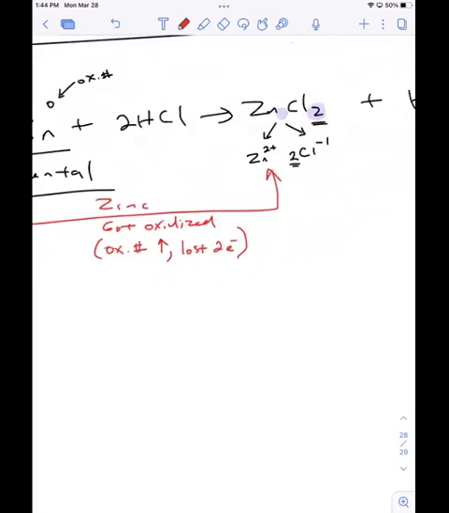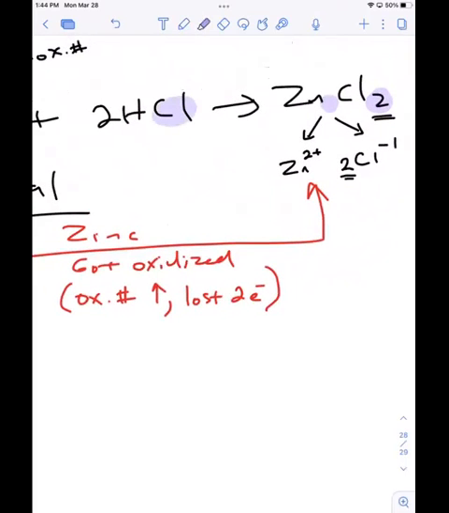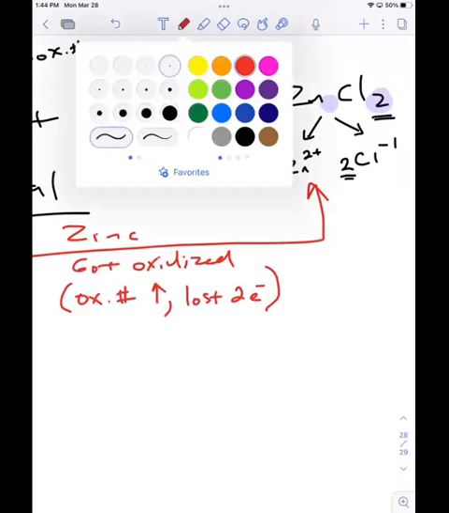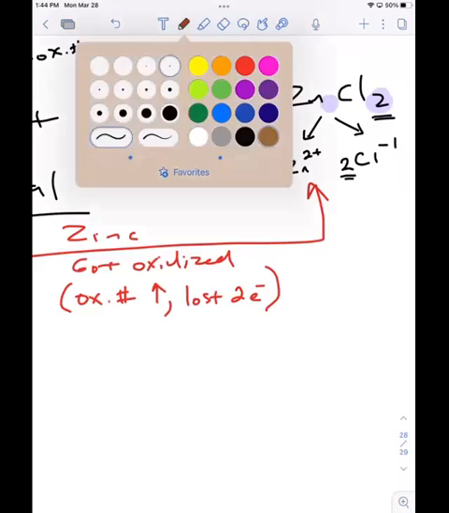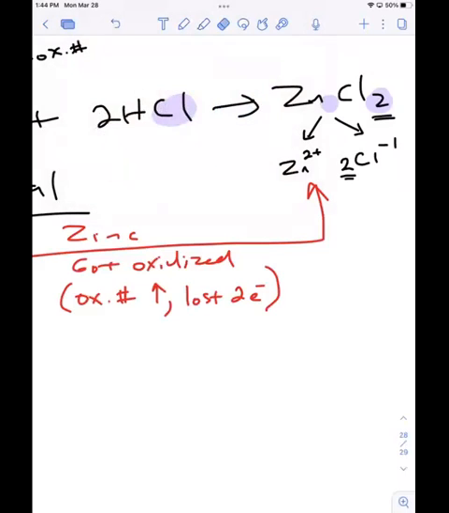So let's look at the chlorine. Right here, if we pull this apart, this is going to be 2H plus, is that right?